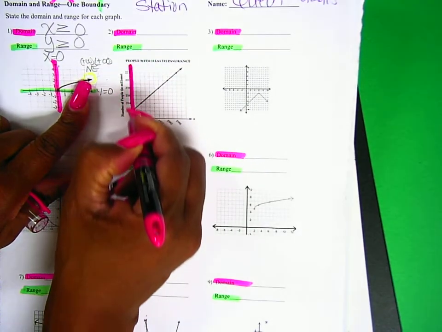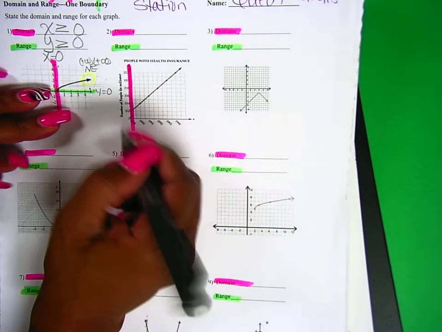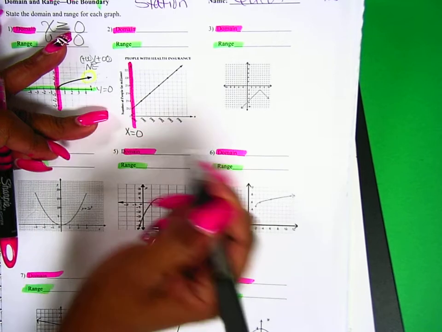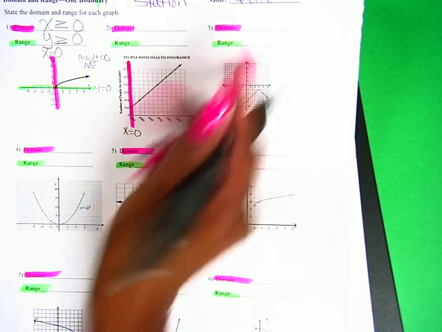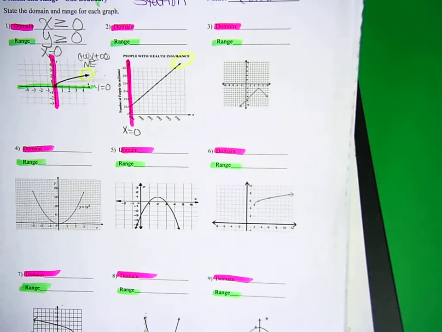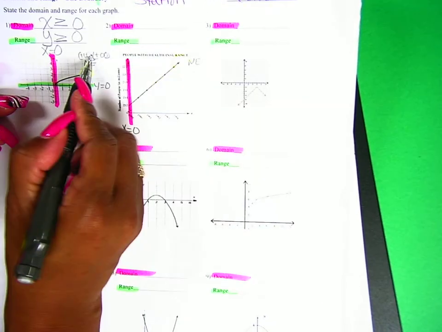It's right here, so my left boundary, the west boundary, is x equals 0. I don't have an east boundary, because of the arrow. But I do know this is northeast, just like it was here.